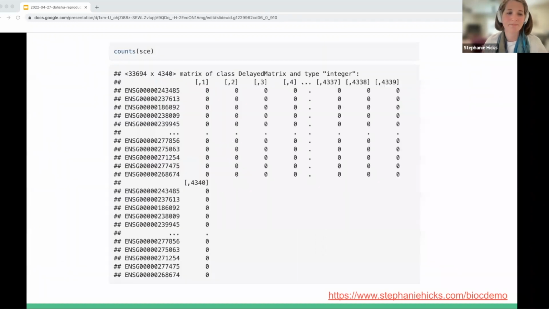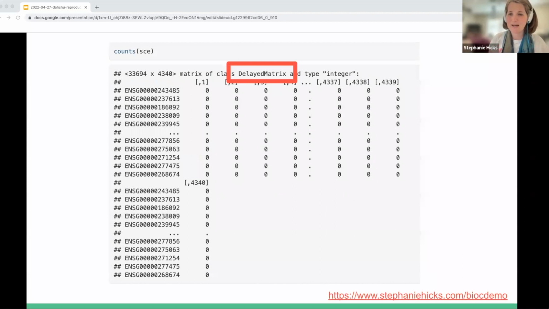So you can go investigate this object. For example, you can ask for the counts matrix of this SingleCellExperiment object. And what you get back feels like a matrix. It says matrix there at the top, and you see genes along the rows, and you see 1 to 4,300 cells along the columns.